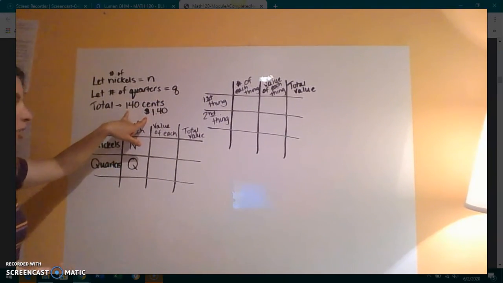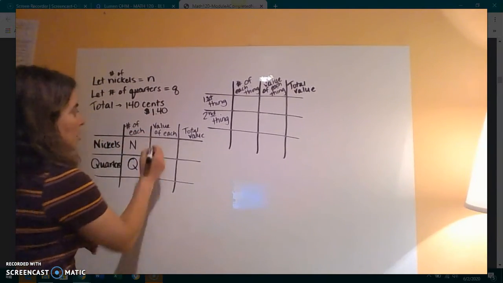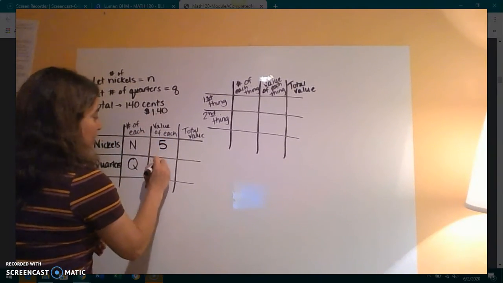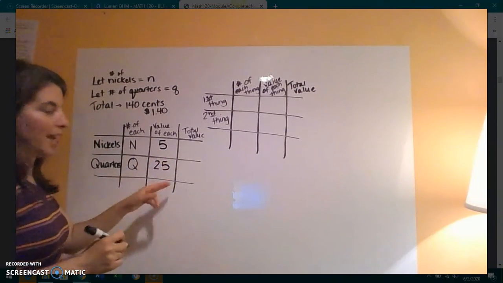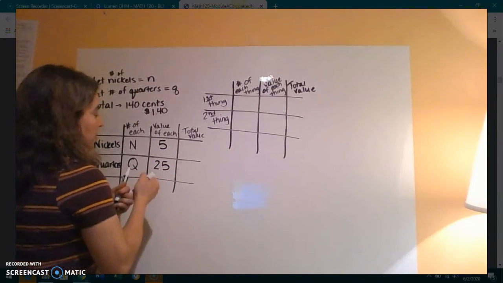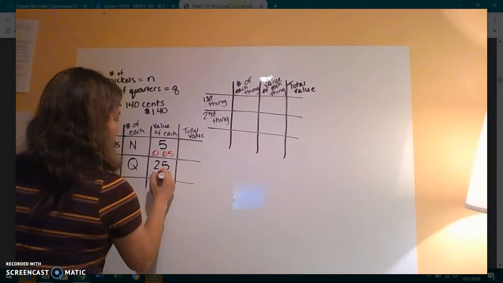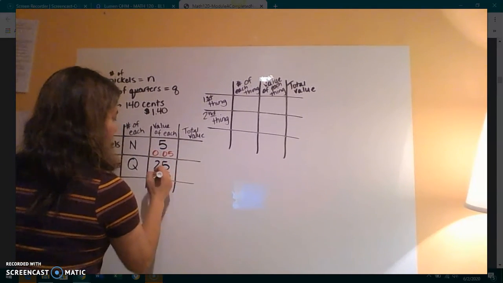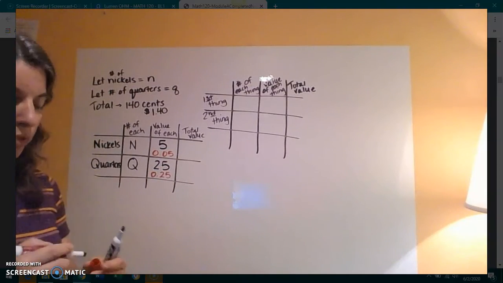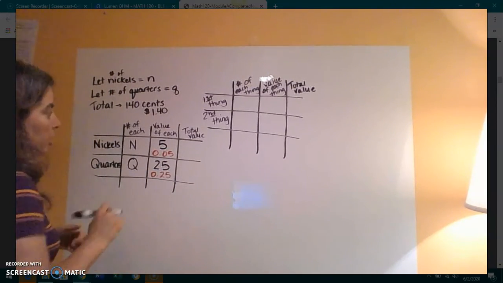We're going to have that as part of the equation, but you want to be consistent. So I could say this is 5 and this is 25, because that's how many cents there are. Another way to write this is 0.05 and 0.25, written more as a part of $1. Either way is fine as long as you're consistent.